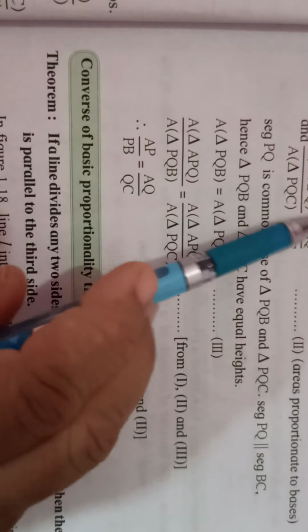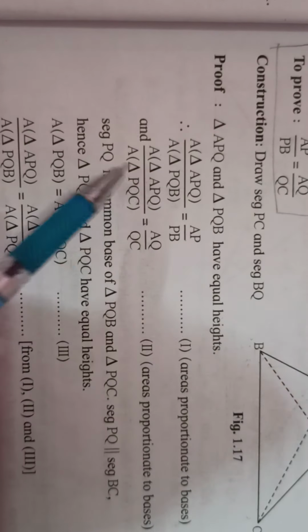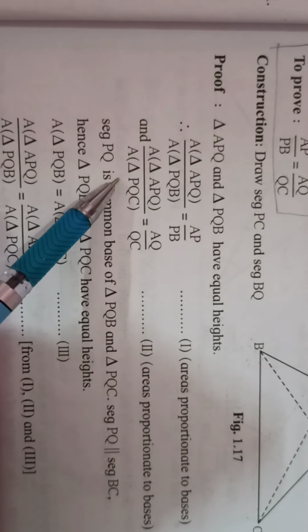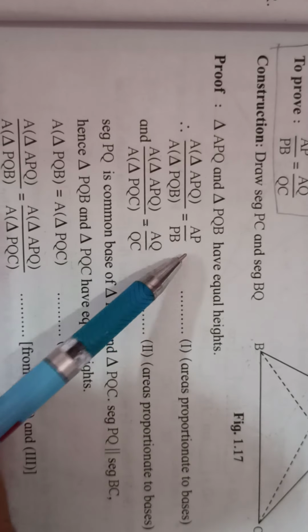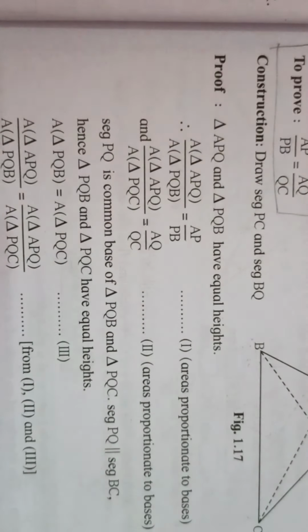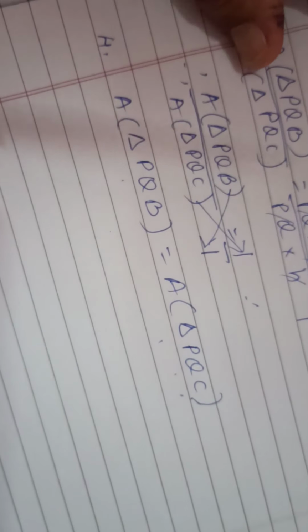Both are equal. So these left hand sides are equal. When the left hand sides are equal, the right hand side is also equal. So what is the left hand side?